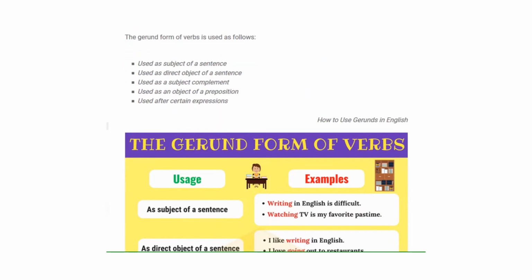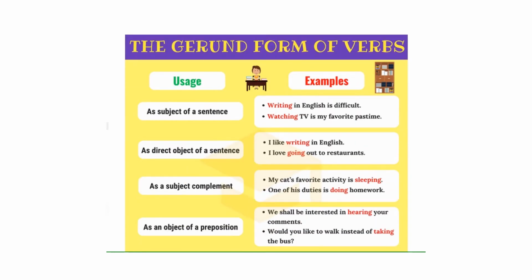For example, the gerund form of verbs is used as subject of a sentence, as direct object of a sentence, as a subject complement, as an object of preposition, or after certain expressions. So, a little bit of detail. We have the usage and the examples.